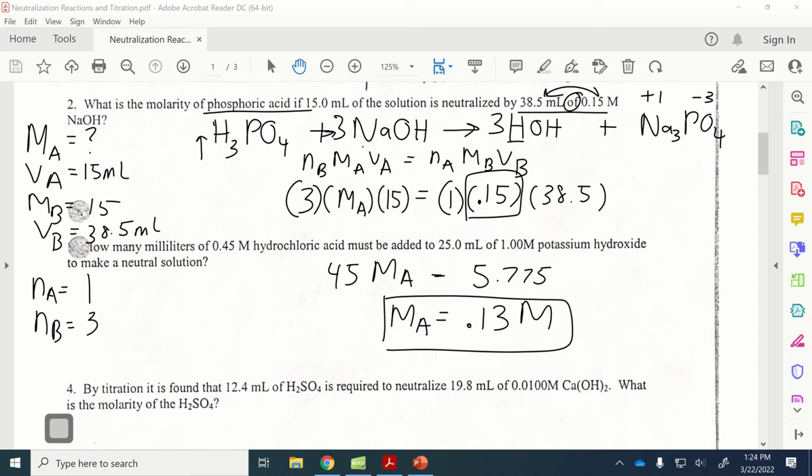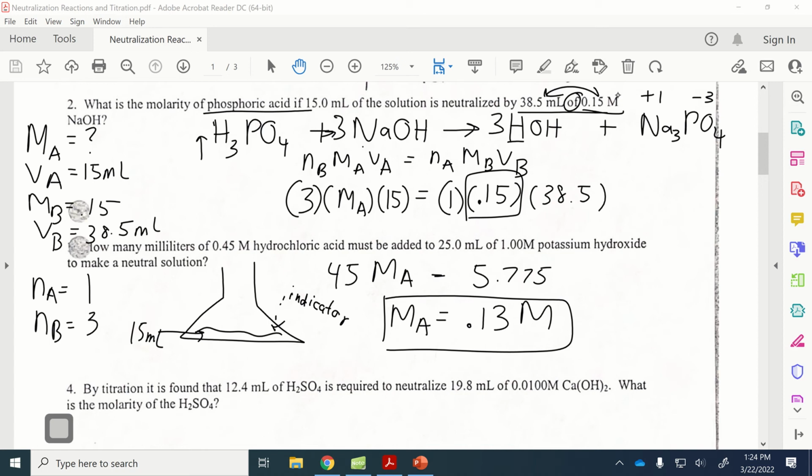And if we watch the process, what would happen is in a flask, I would put 15 milliliters of the acid, 15 milliliters of this sulfuric acid or phosphoric acid. All right? And I can put a couple drops of the indicator in. And then I would start adding sodium hydroxide.